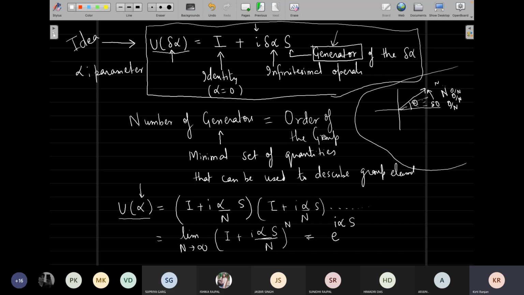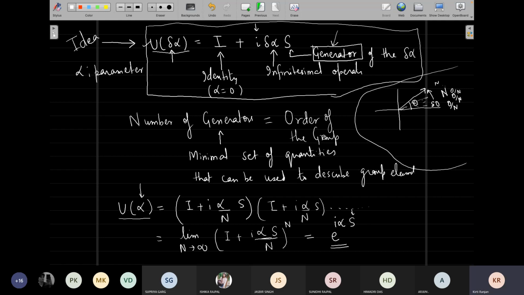So this is just this. Interesting, that if I start with this infinitesimal group element and apply it n times, in the limit n tends to infinity this will become e raised to power I alpha S.